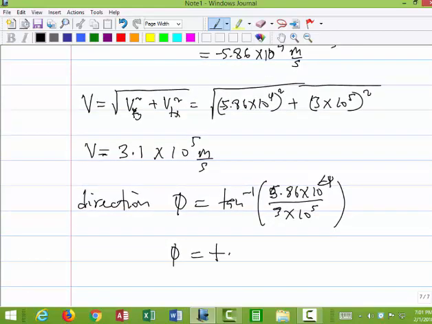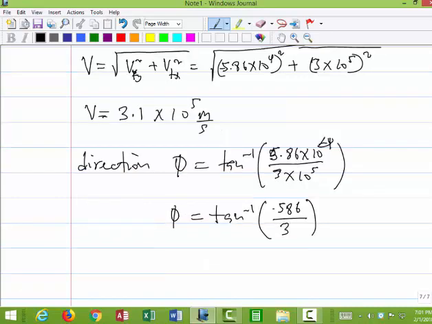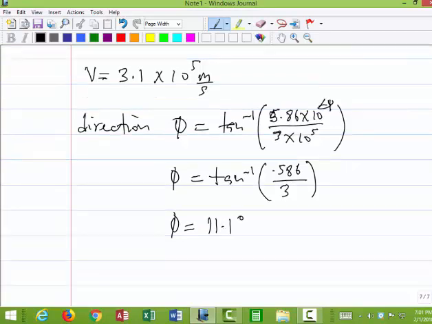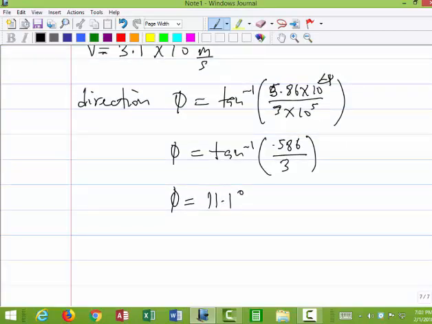Phi is tangent inverse of 0.586 divided by 3. So do tangent inverse of 0.586 divided by 3. The angle is 11.05, okay, 11.1 degrees. So it's a very small angle, which is what we expect because the deflection is very tiny.